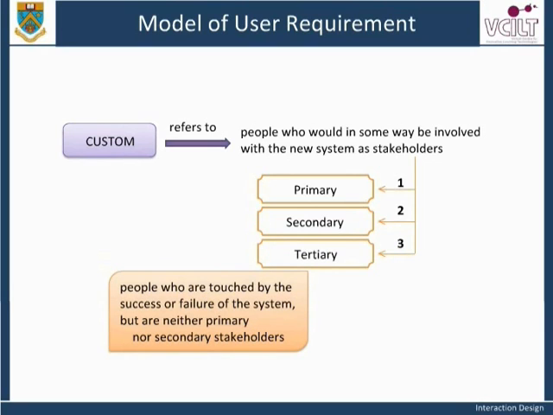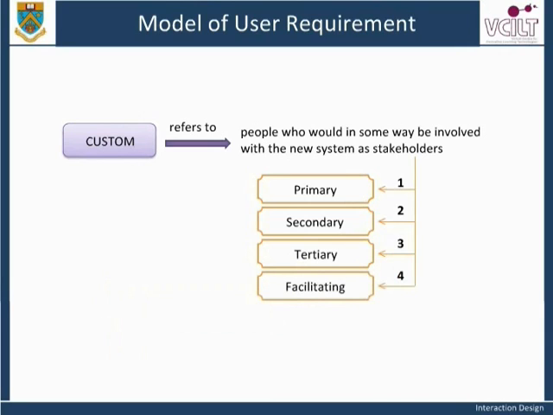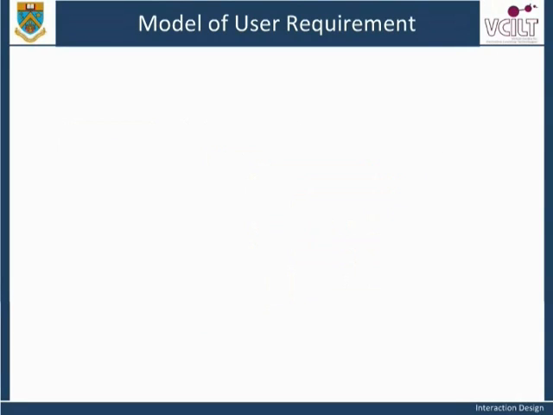Tertiary, people who are touched by the success or failure of the system but are neither primary nor secondary stakeholders, for example, the owner of the restaurant chain. Facilitating. Once the stakeholders have been identified, their characteristics are analyzed to develop user-centered requirements for the system.